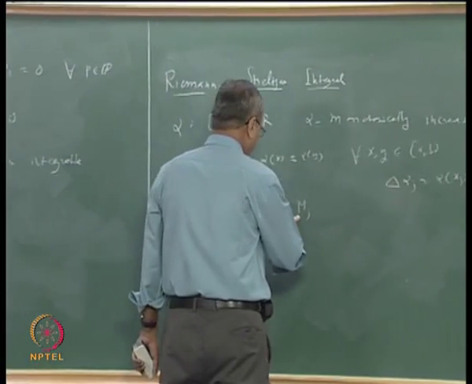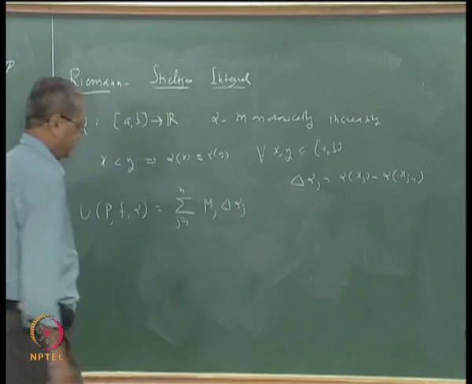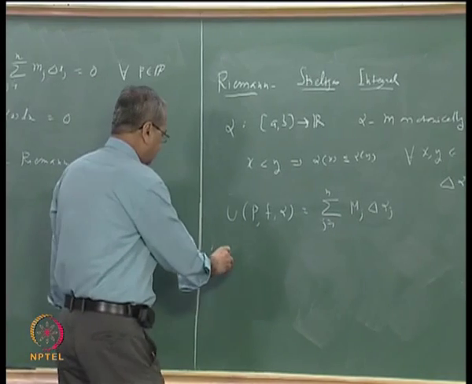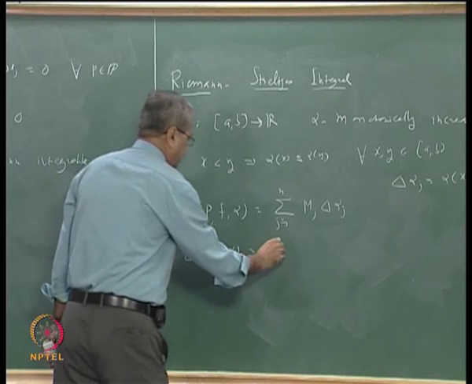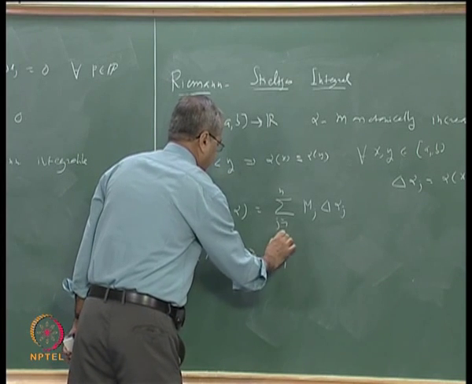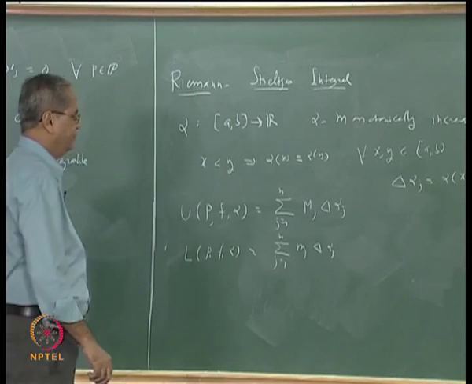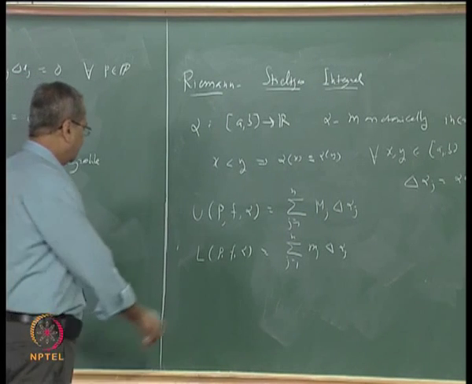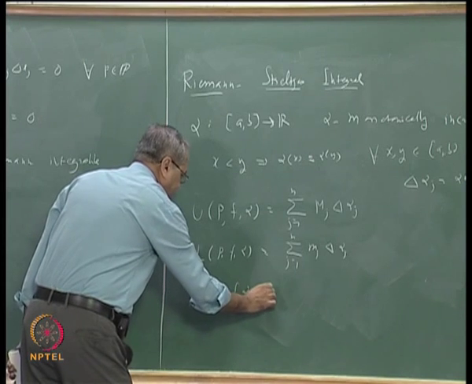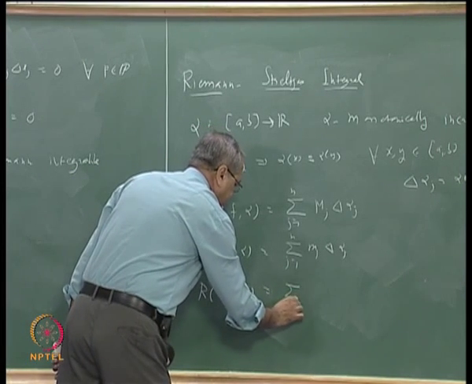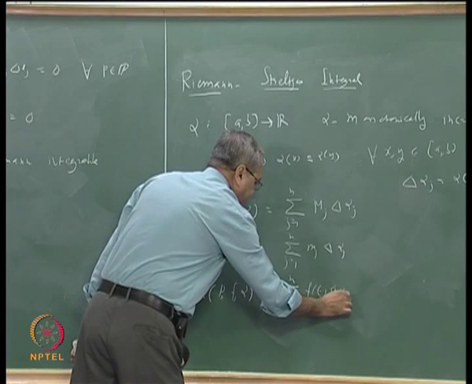So this upper sum is nothing but big M suffix j multiplied by delta alpha j, and similarly the lower sum is nothing but sigma j going from 1 to n of small m suffix j multiplied by delta alpha j, and similarly the Riemann sum R(P, f, alpha), that is sigma j going from 1 to n of f at tj multiplied by delta alpha j.